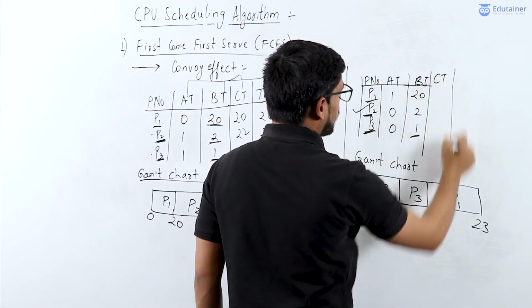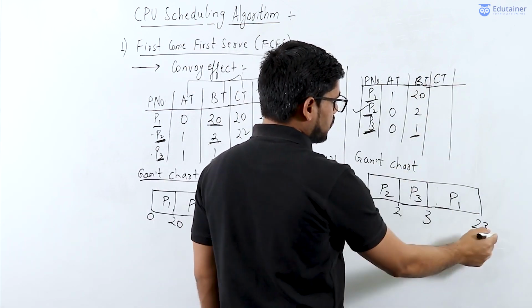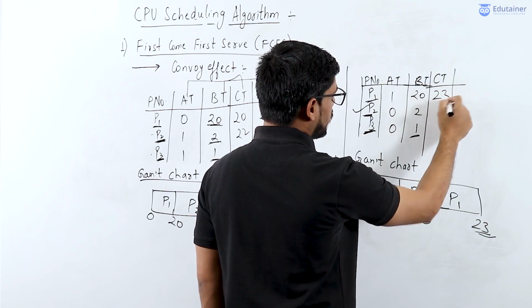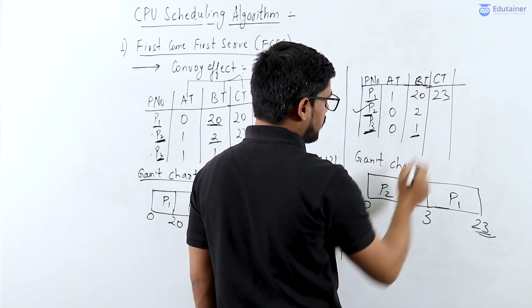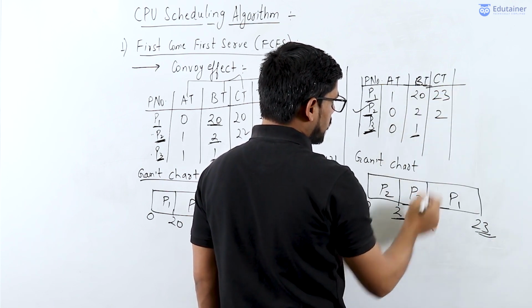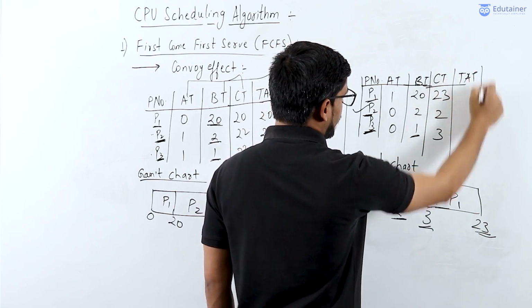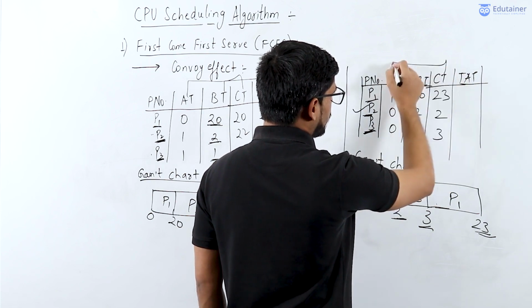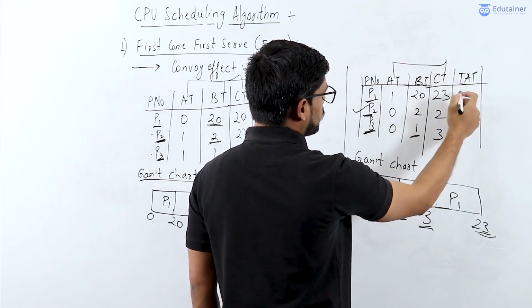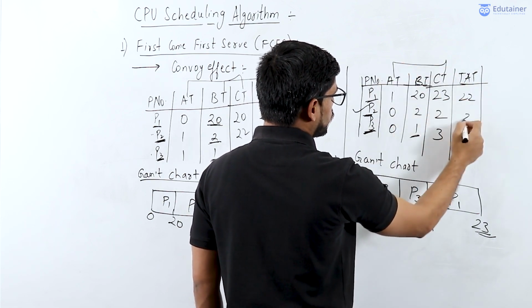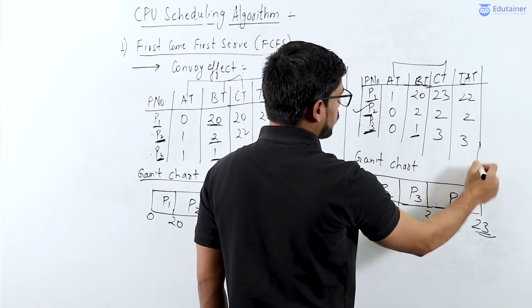So for the completion times, process P1 completed at 23, process P2 completed at time 2, and process P3 completed at time 3. Turnaround time is completion time minus arrival time. 23 minus 1 is 22, 2 minus 0 is 2, 3 minus 0 is 3.